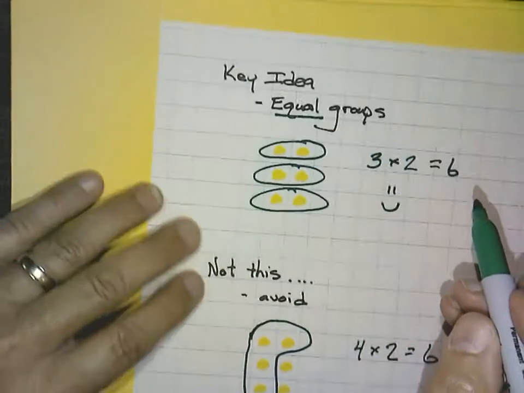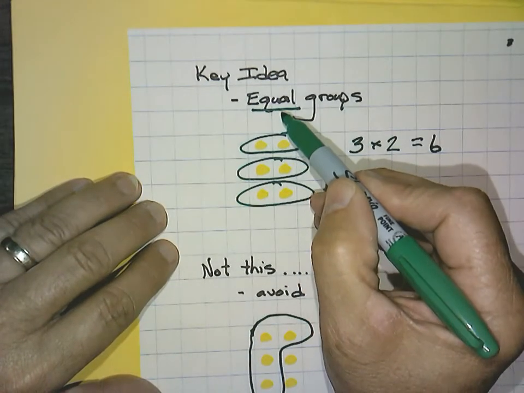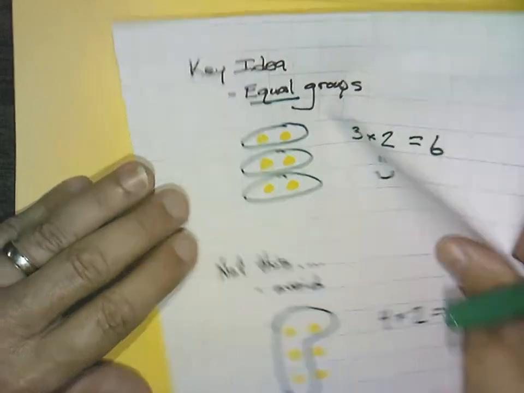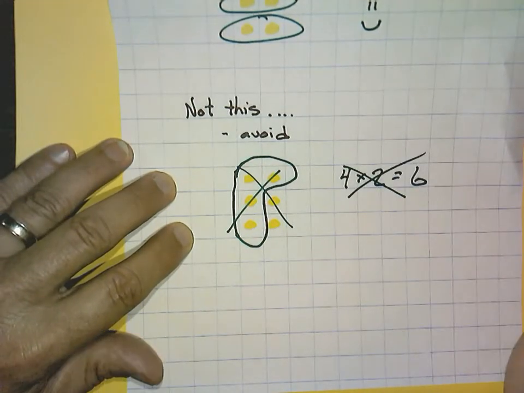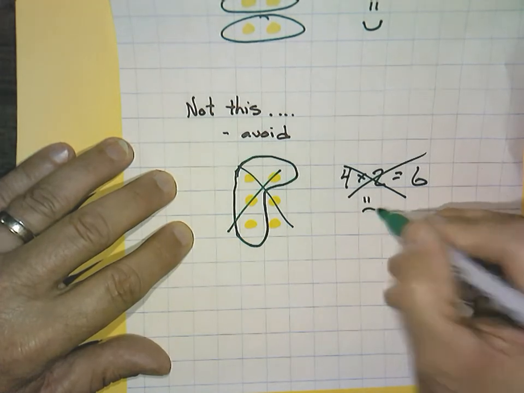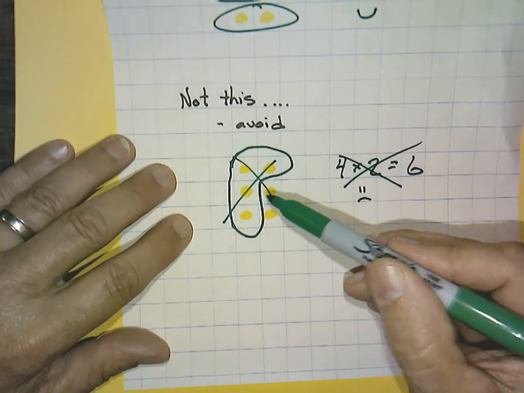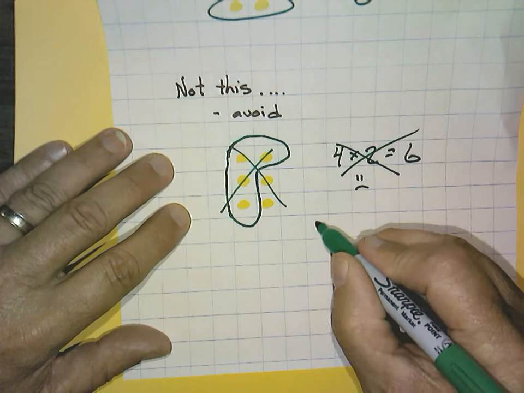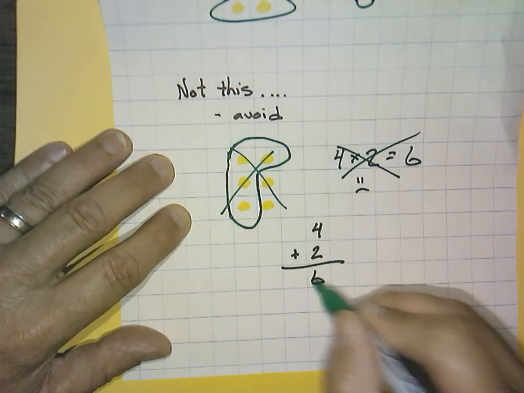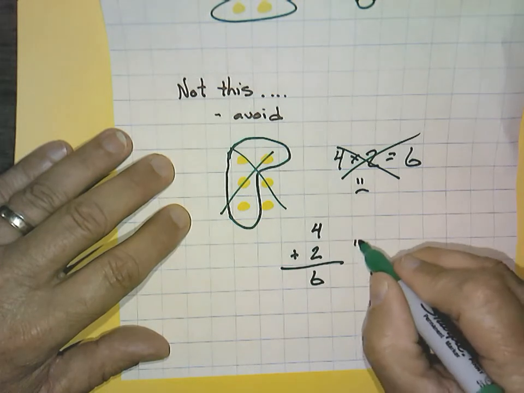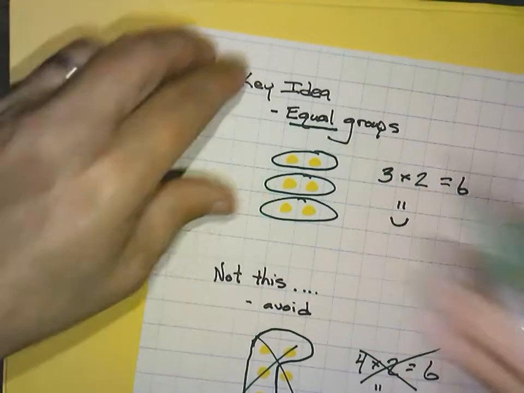But our groups are not what? They're not equal. So in this case, excuse me, I should have crossed this one out, and this would be incorrect. Now, you could solve this by adding. You could just say 4 plus 2 is equal to 6, and this would be okay. But for multiplication, remember that your groups must be equal.